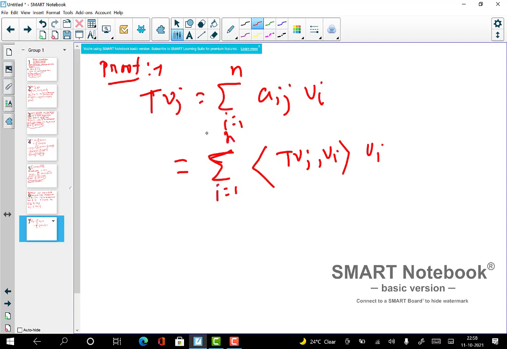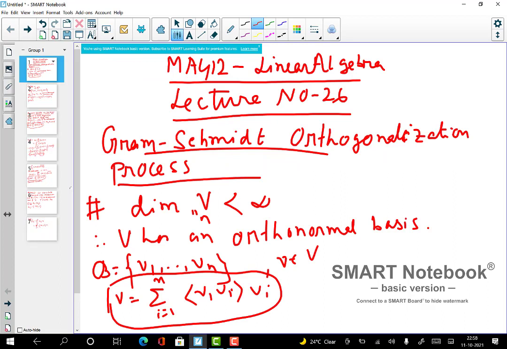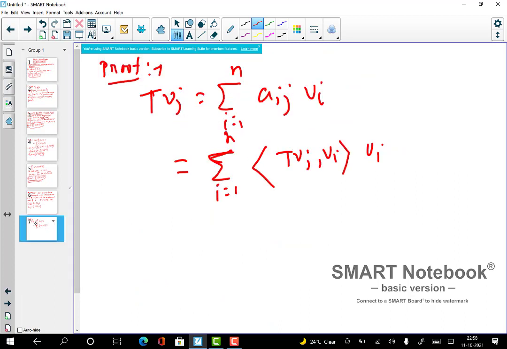That comes from the fact that for any vector v, you can write v as the sum of the inner product of v with vi, times vi. So the coefficients are nothing but the inner product of v with vi. Similarly here for Tvj it is Tvj comma vi. Because the representation is unique with respect to this linear combination of vi, this has to be this.